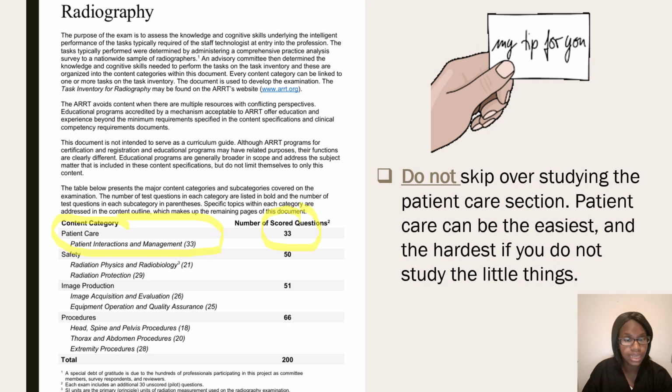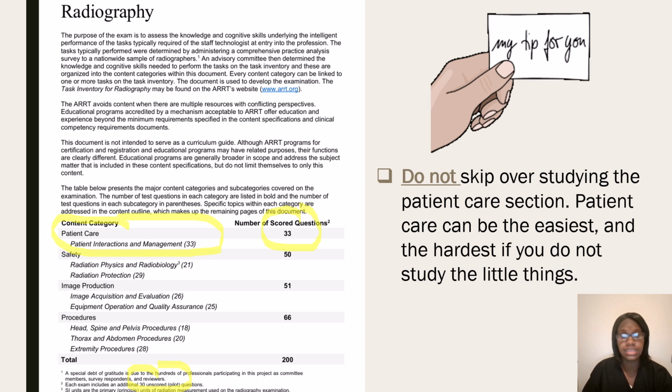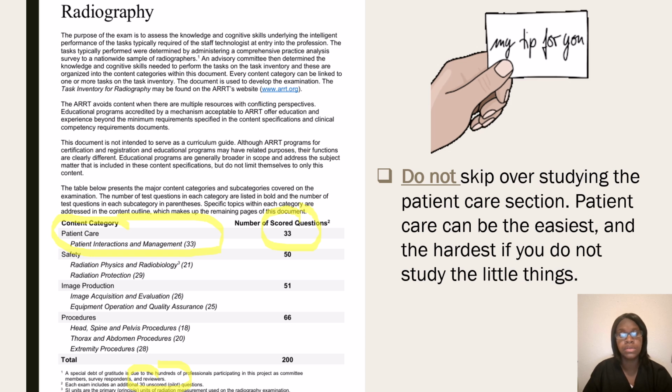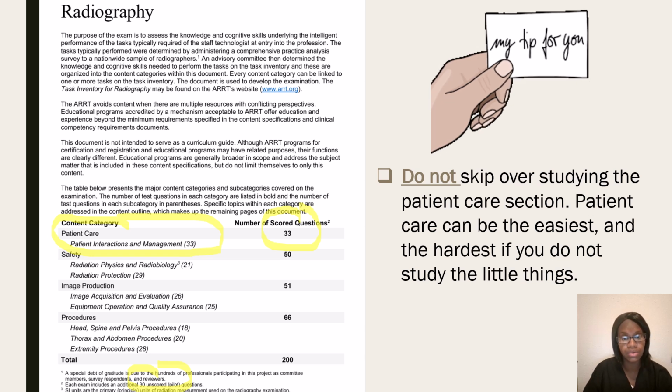And then if you look down here, there will be 30 unscored pilot questions, meaning questions that are not counted for, but it still will be asked. So just make sure you know everything. I try to tell people, even though patient care seems to be the easiest to some, do not skip over it, because it can be the hardest as well if you do not study for it. Altogether, there will be 200 questions on the test, and then those 30 unscored pilot questions, so 230 questions.